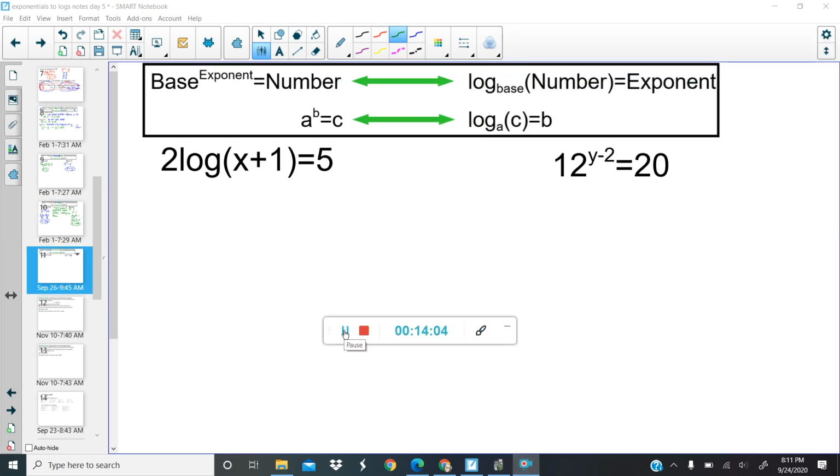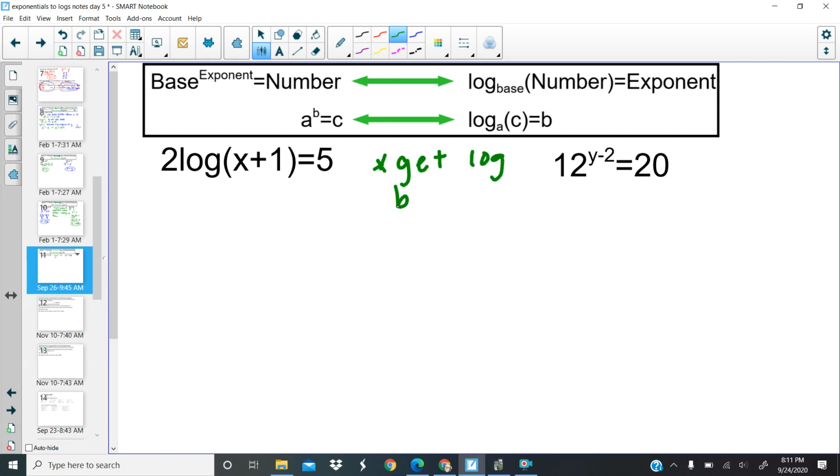So then we just have 2 more examples and then we'll be done. So the first example is 2 times log of x plus 1 equals 5. So in this one, just like in the last one where you had to get the base and the exponent by itself, you're going to want to get the logarithm by itself first before changing.